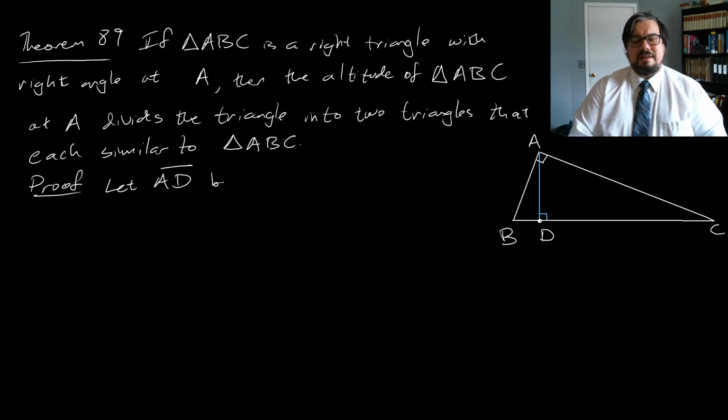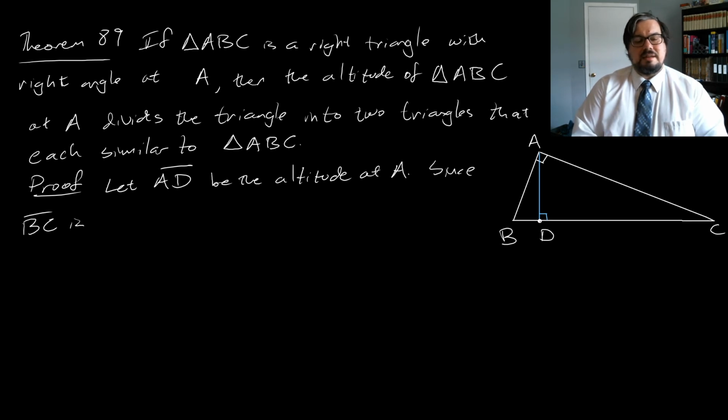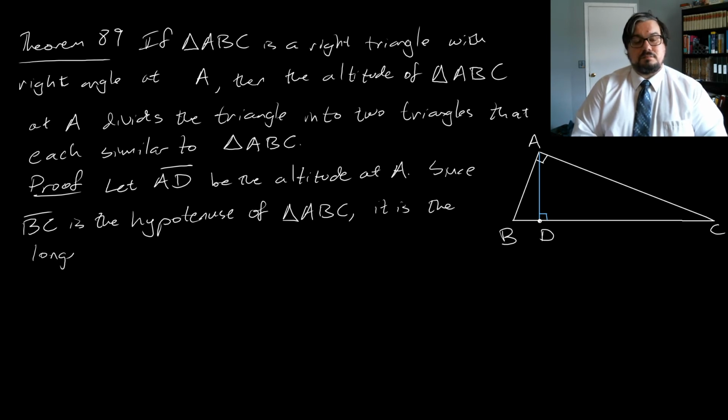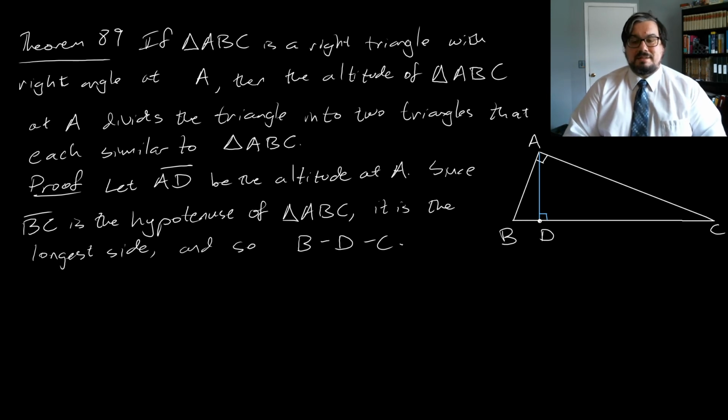Let AD be the altitude at A. Since segment BC is the hypotenuse of triangle ABC, it is the longest side, and so we have that D lies between B and C. So now we've got three separate triangles we're looking at here: the big one, ABC, and the two small ones, ABD and ADC.